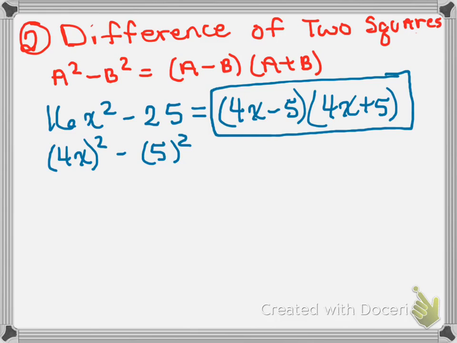Now, a common mistake that I see students making is trying to use this pattern with the sum of two squares, a squared plus b squared. A squared plus b squared will not factor into any special pattern like this.